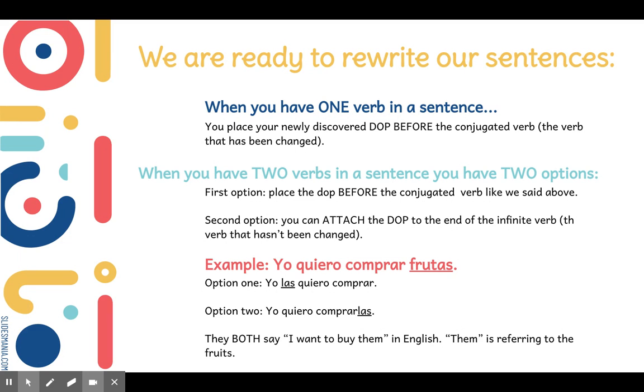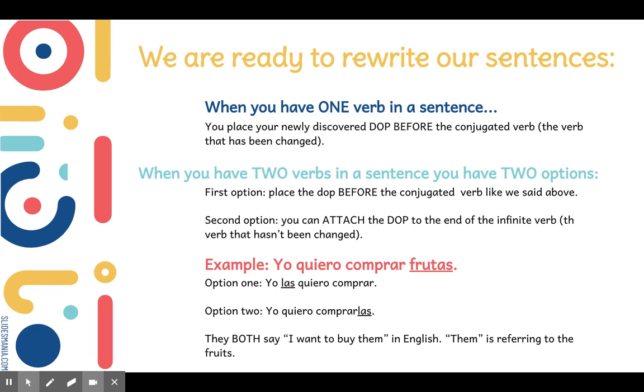Because remember, if you have 2 verbs in one sentence, in one clause, the first one's going to be conjugated, but the second has to stay AR, ER, or IR. You can't have 2 conjugated verbs in one clause. So the fact that the first one's conjugated means that second one is going to stay AR, ER, or IR.